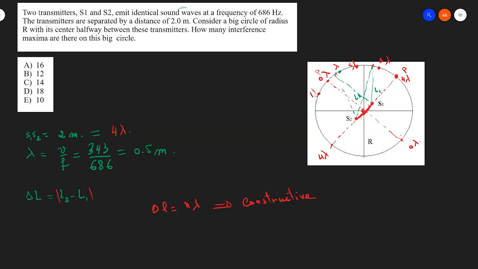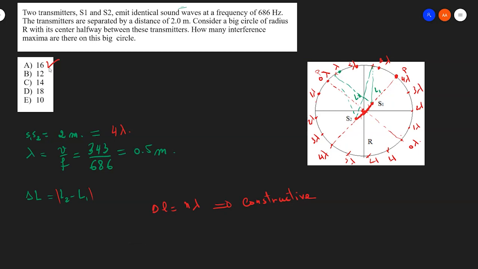So I will have 1 lambda here, somewhere 2 lambda, somewhere 3 lambda. I don't know exactly where, but it doesn't matter for me. And so on for each direction. If I count everything, I will find 4, 4, 4, and 4, 16 points. So I have 16 points.